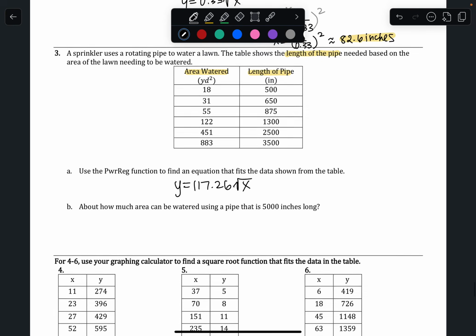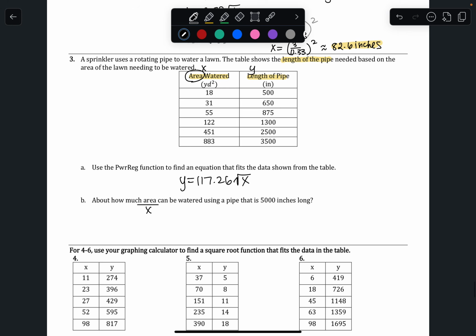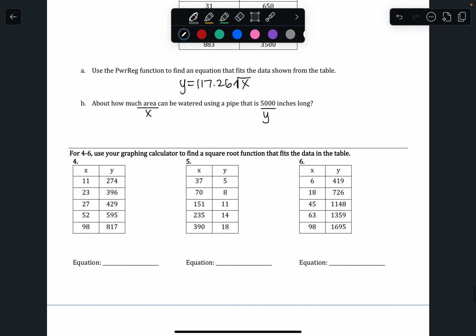And so now how much area, area is x, length is y, what is x using a pipe when your length is 5,000, that's your y. Okay, and so we are plugging in this 5,000 for our y.